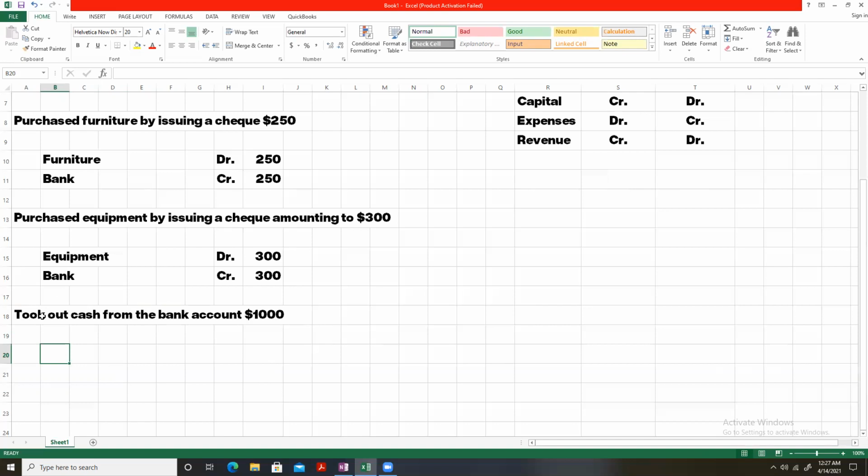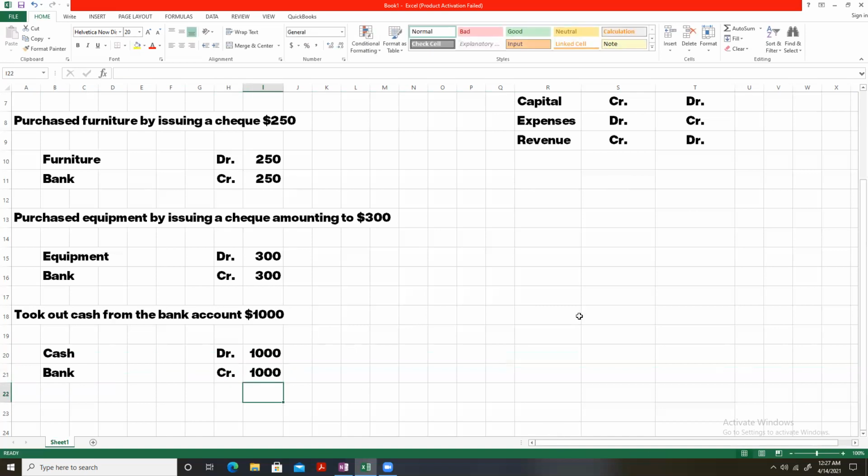So do not confuse it with a drawing. This is actually cash taken out of the business. Here, the asset, that is cash, is increasing. We are taking out cash from our bank account of the business. So we will debit the cash account, as cash is an asset of the business, and we will credit the bank account.